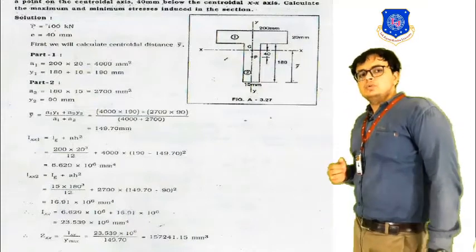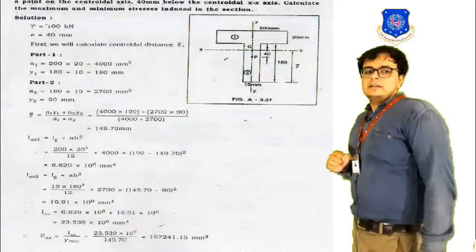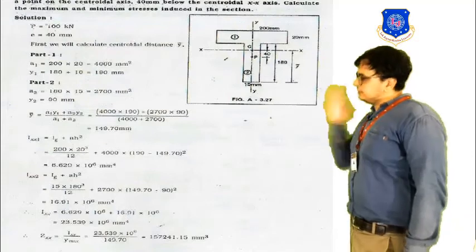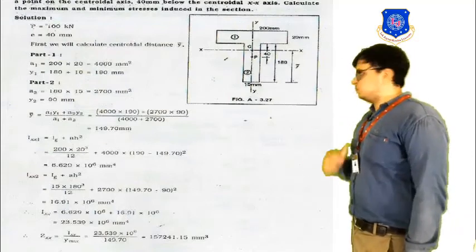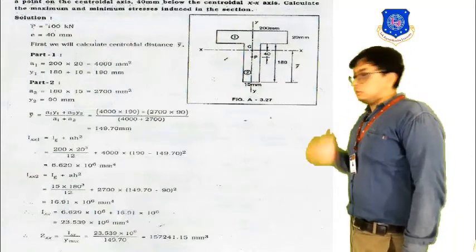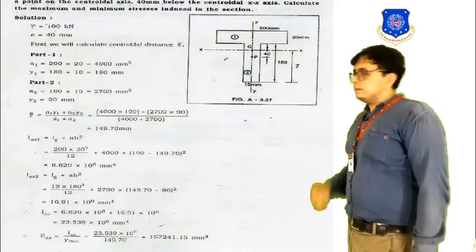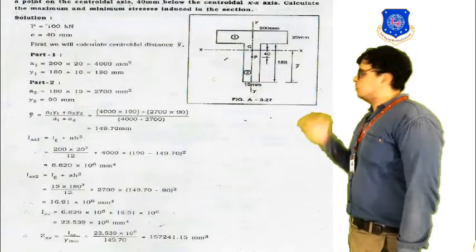Step number 2, here we need to find the centroid for both the x-axis and the y-axis. We have to find the center. For that purpose, we need to get the area A1 and the centroid with respect to the bottom for all the members.